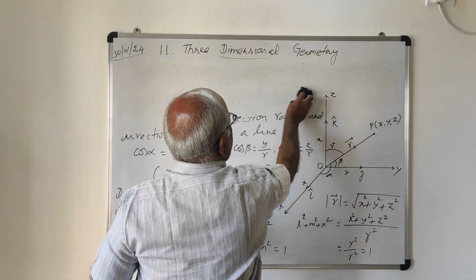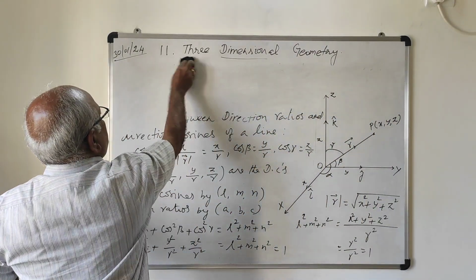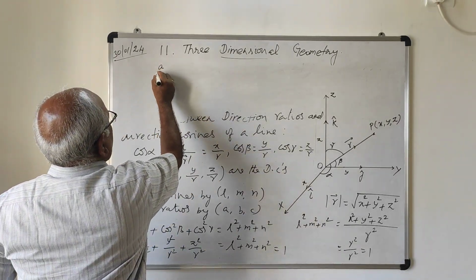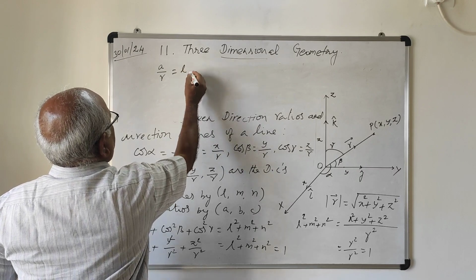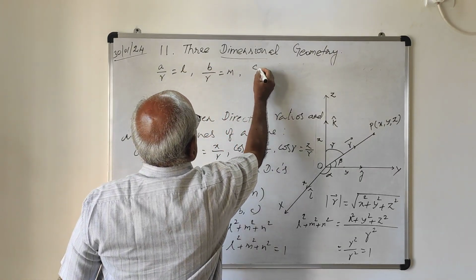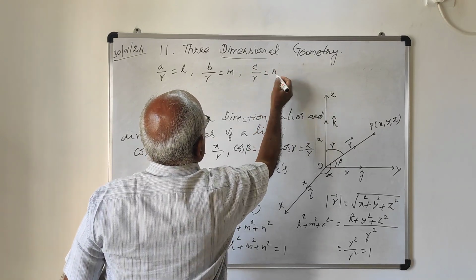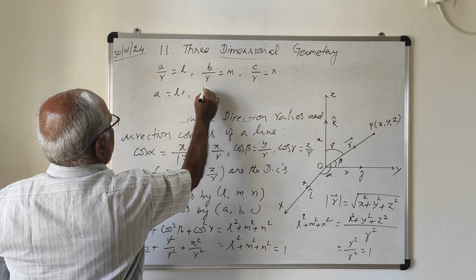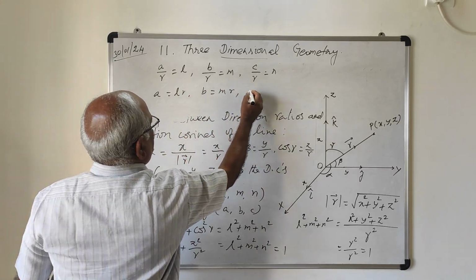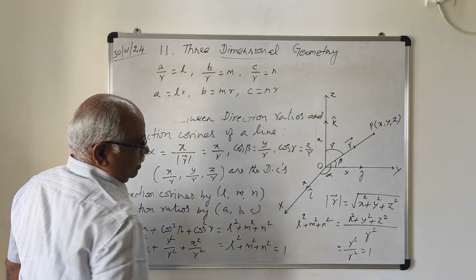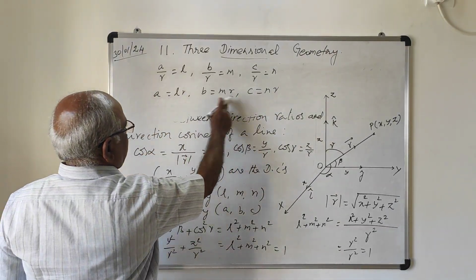Now I am considering the direction ratios by A, B, C. Therefore, x by r I can identify as A by r. A by r equal to L, B by r equal to M, and C by r equal to N. From this, A equal to Lr, B equal to Mr, C equal to Nr, where the direction ratios are A, B, C.